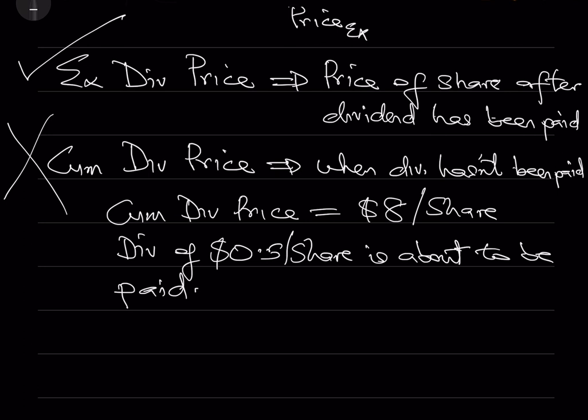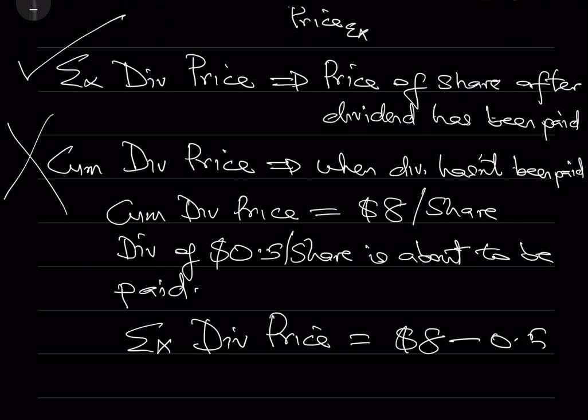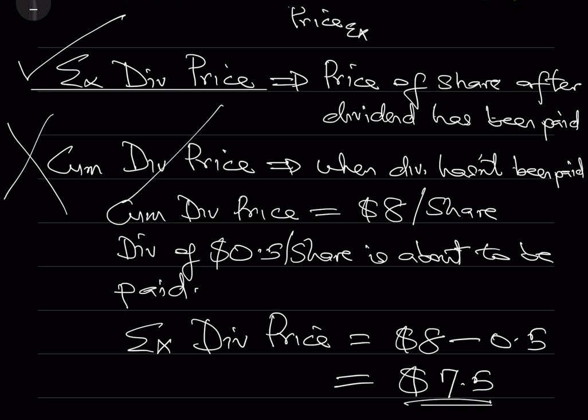You can't use this cum div price for your calculation. So you need to calculate your ex-div price, and that will be equals to $8 minus 0.5. So you are going to use ex-div price of 7.5 for calculation. Please take note. Always use ex-div price. Extremely important. Not cum div price.